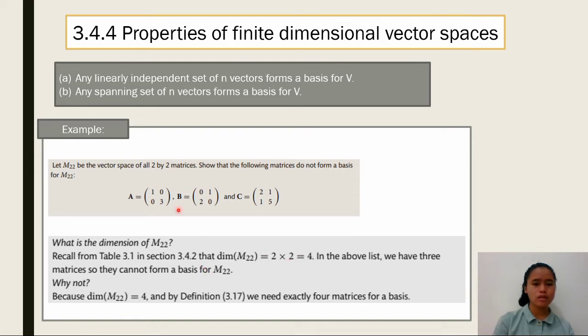Because the basis has 4 matrices, so 3 matrices cannot form a basis for the 2 times 2 matrices. So this is the dimension.